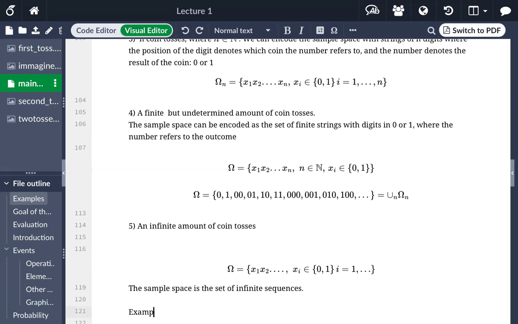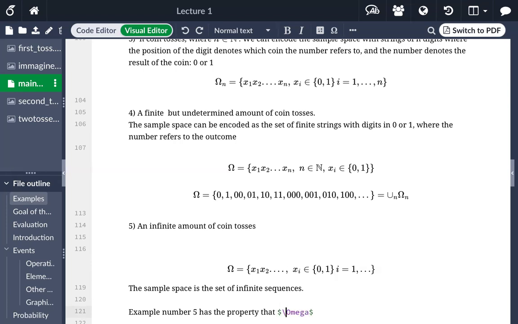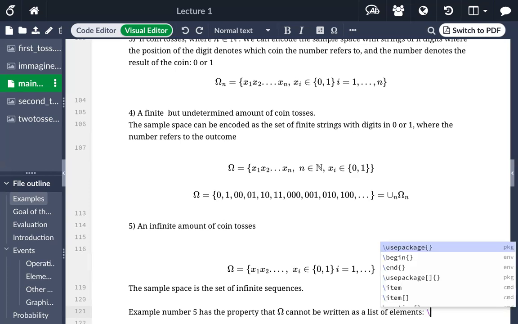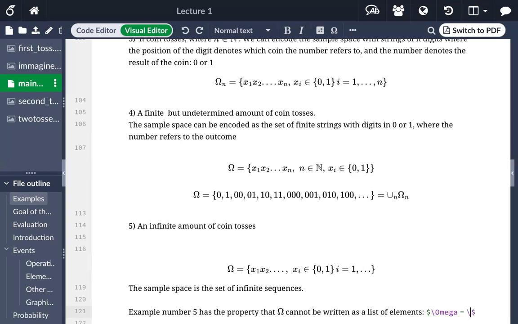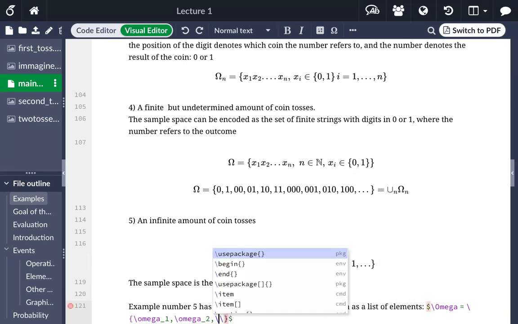So example number 5 has the property that omega cannot be written as a list of elements, that is, omega 1, omega 2, etcetera.